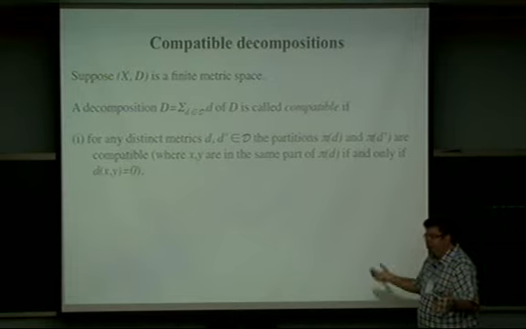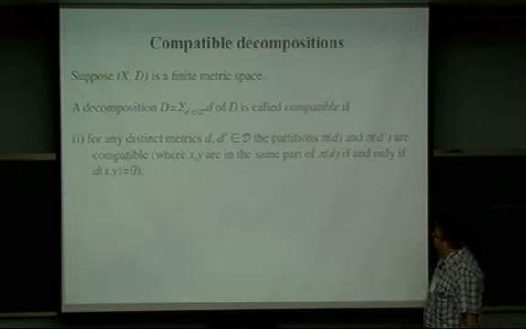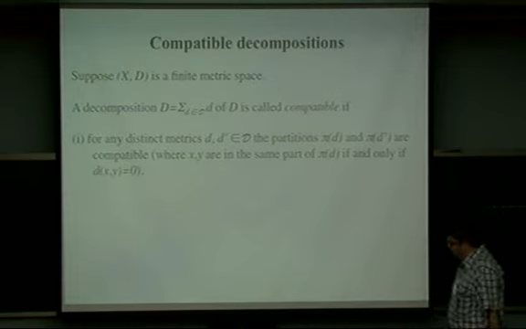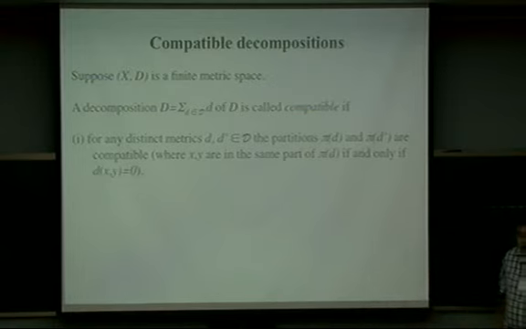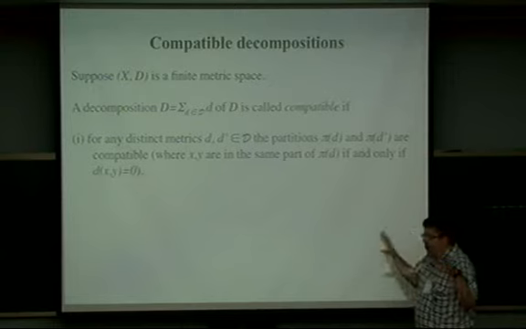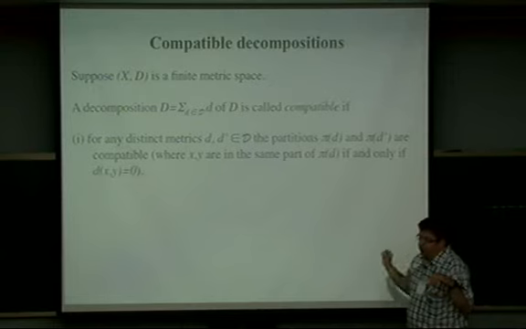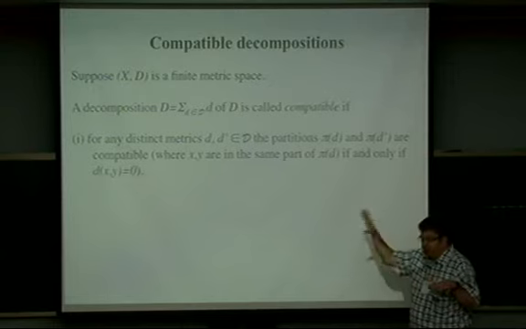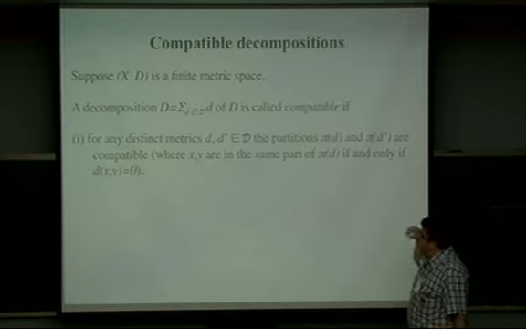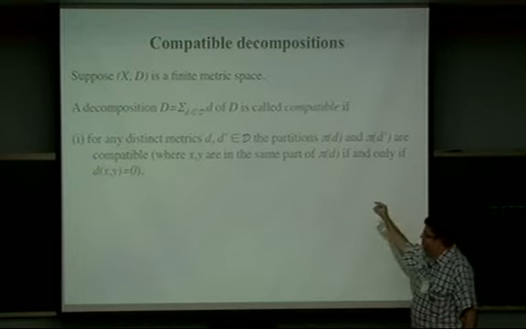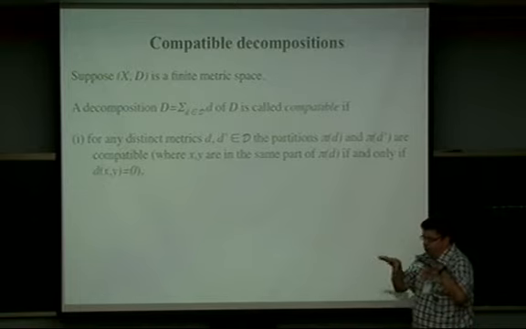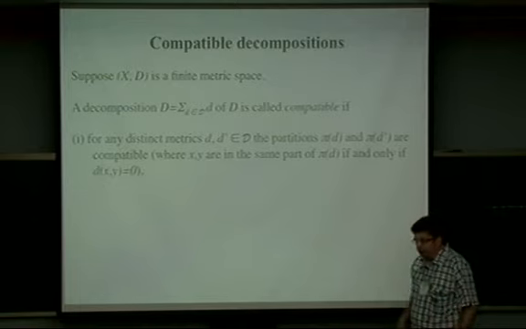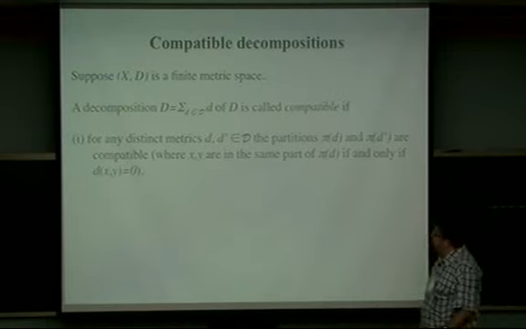If you look at the equivalence classes, that gives you a partition of the whole set, and we want that. So for each small d, you get a partition of the set, and now we want that if I take two different d's in this decomposition, those two partitions from these two different d's are compatible with each other.